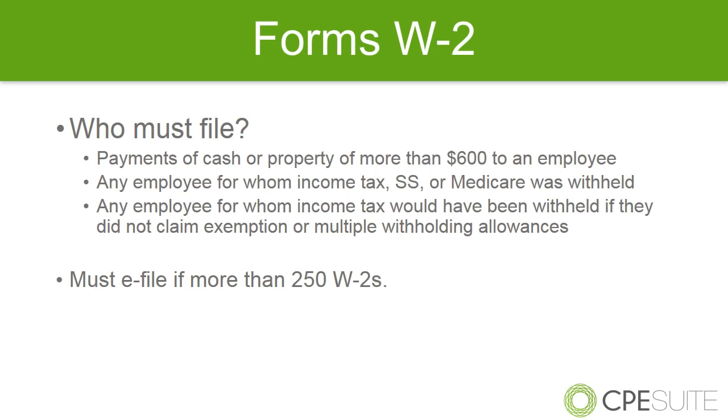So any employee for whom income tax would have been withheld, but for the fact that they claimed exemption from withholding, or they claimed more than one withholding allowance on their W-4, you have to issue them a W-2, regardless of how much you paid them in wages.